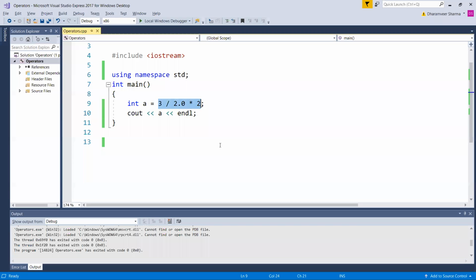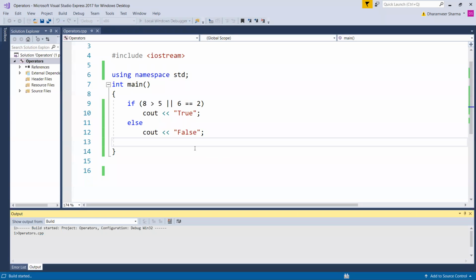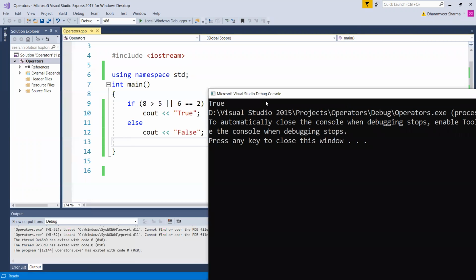False. Why will it be false, child? I'm writing it here. It is if 8 is greater than 5. It is true.